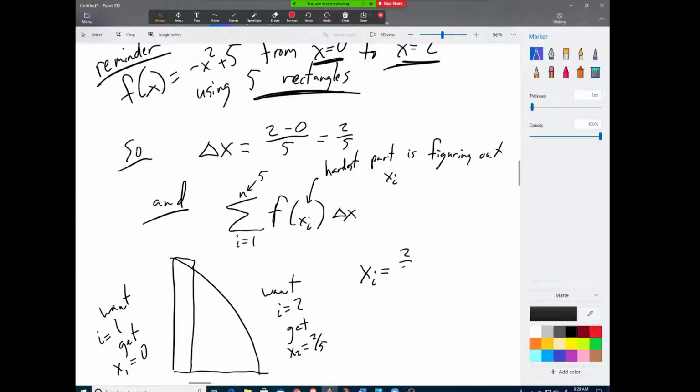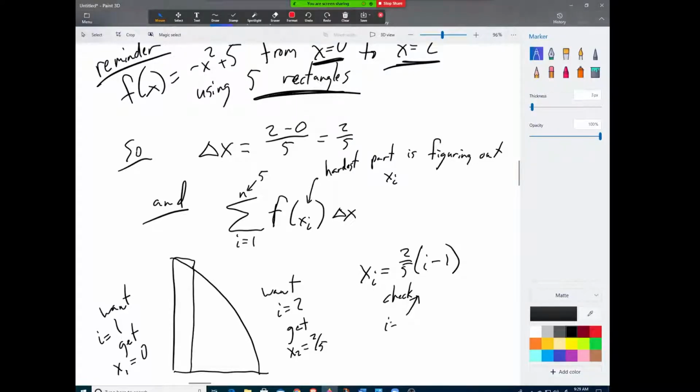We're still going to use the 2/5, and we're still going to use the i, but we're going to move everything to the left by 1 using our rules about horizontal shifts, like you did in pre-calculus. And so it's always going to be a good idea to check to make sure this works.